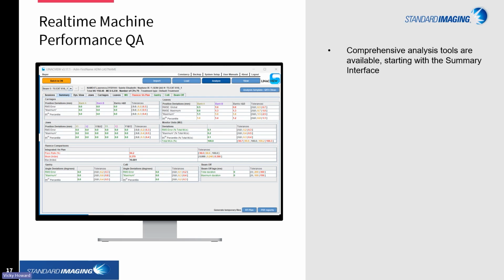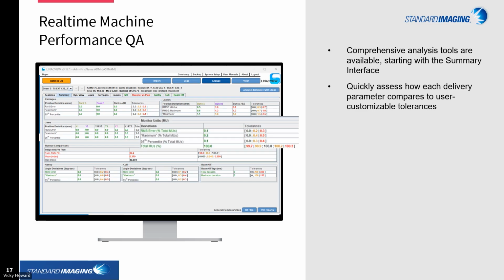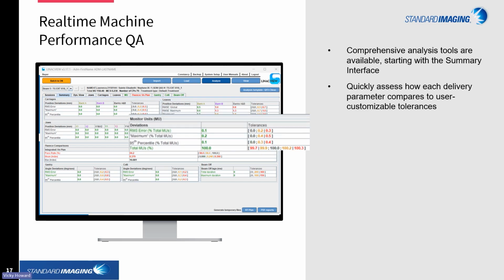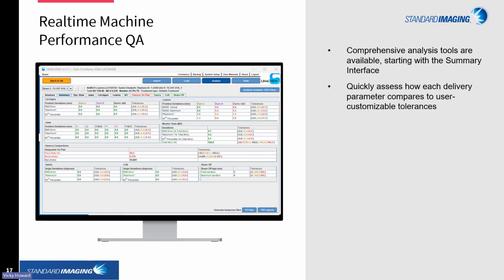When you dive in a little bit deeper for each analysis, it takes you to this batch view. The comprehensive analysis tools are available starting with the summary interface here. So this allows you to quickly assess how each delivery parameter compares to the user's customizable tolerances. So you're able to say, I want this to meet this expected criteria within a specific tolerance.